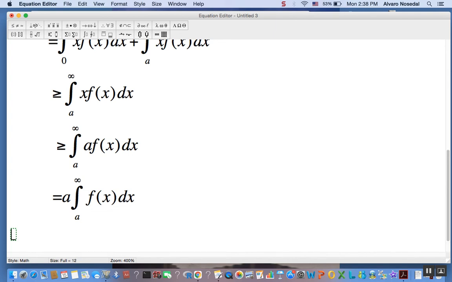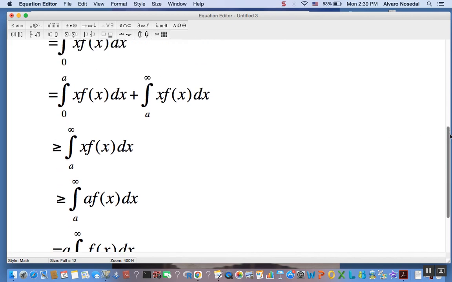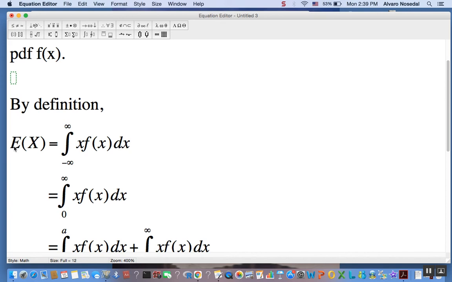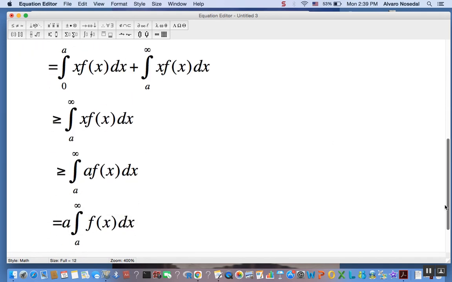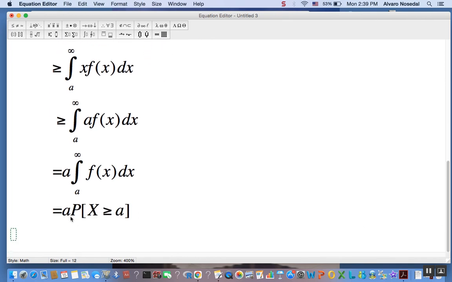So what we have here is a times the probability that the random variable X is greater or equal to a. Make sense? So what we have shown thus far is that the expected value of X is greater or equal to a times the probability of X greater or equal to a.